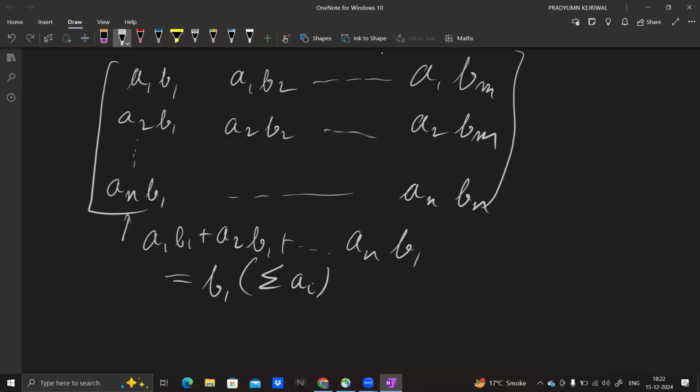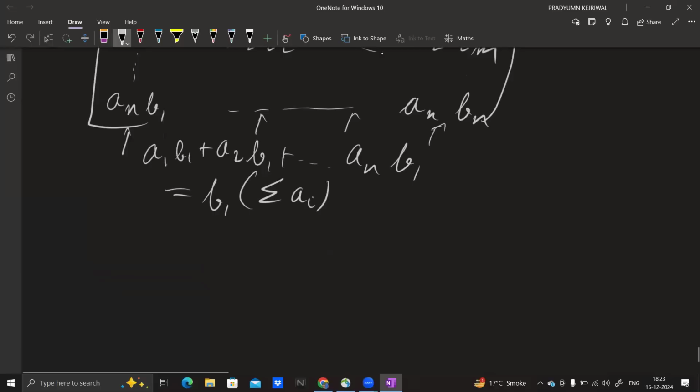I just took b1 out common, and it became b1 into the sum of ai, right? And I can do this for all columns. For the jth column, the sum would be bj into the summation of ai, and this summation of ai is just a constant value, the sum of all elements in a.